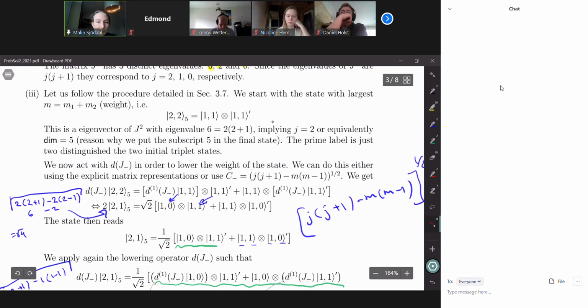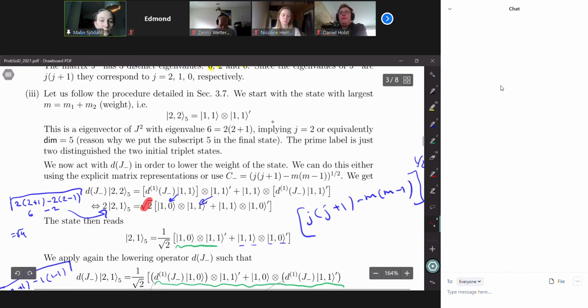Okay. So first then we act with J minus on this spin 1. Well, then this jz, which was 1, goes to 0, and we have a factor of root 2, and this state just moves here, so nothing happens to it. Then for the second term, where we acted on the second spin, this spin just stands, and we have acted with the lowering operator here, so this 1 went to 0 here.